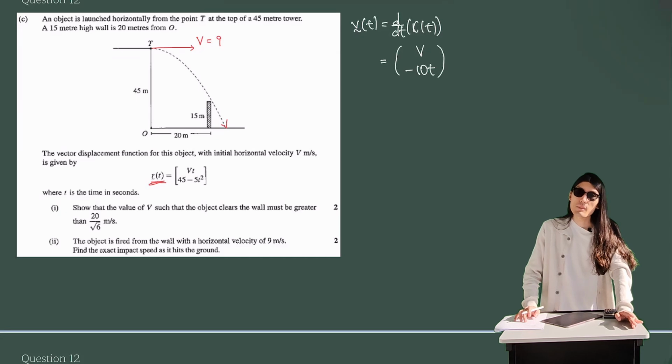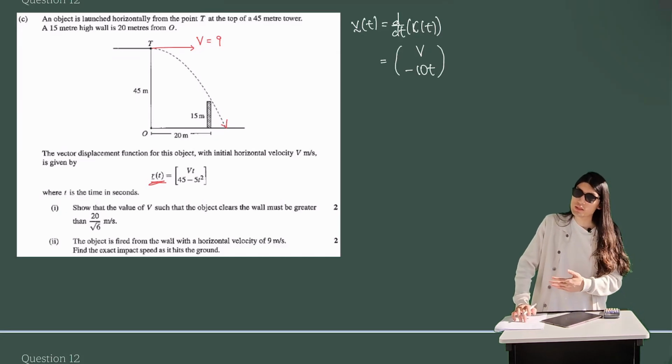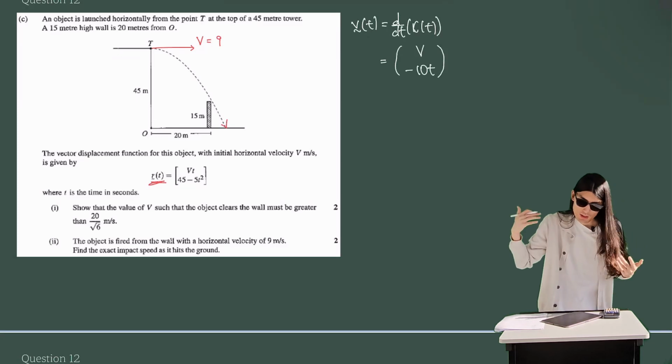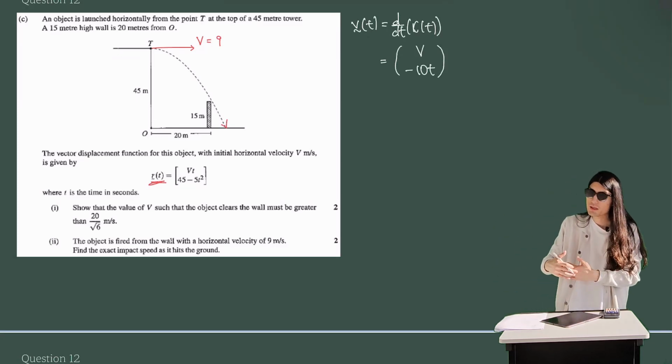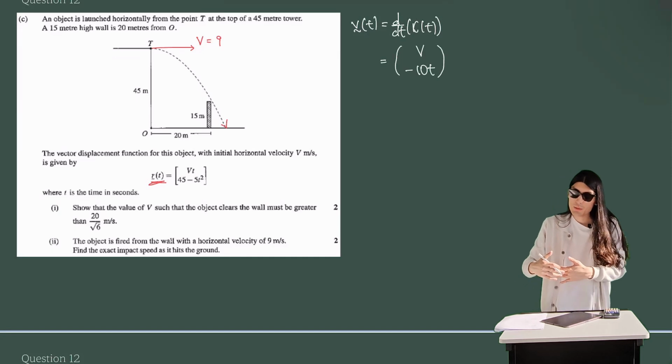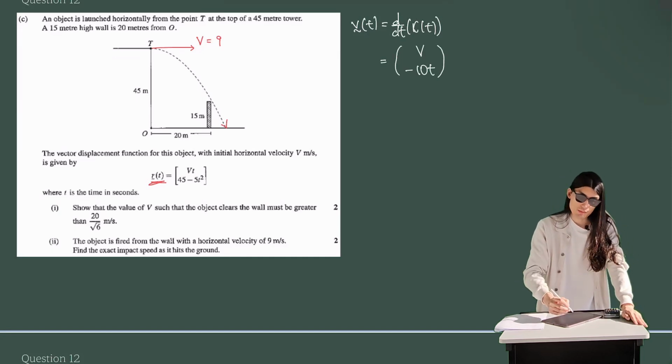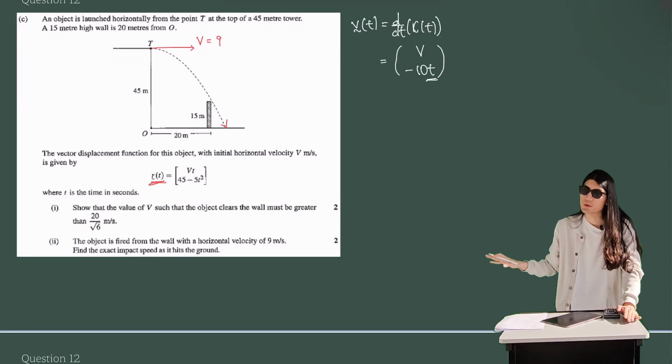And given that the capital V is equal to 9, all I then need to know is the time it takes for the projectile, after it is launched, to strike the ground. Why? Because I need to substitute that time into the j component, don't I?